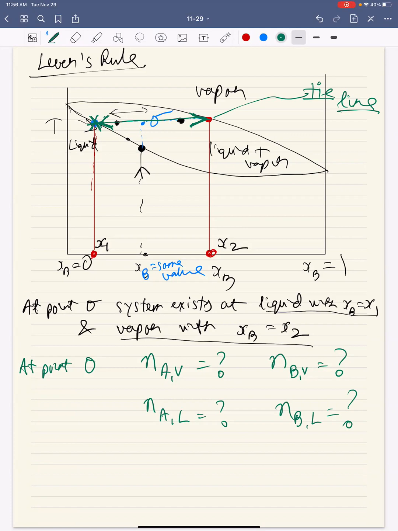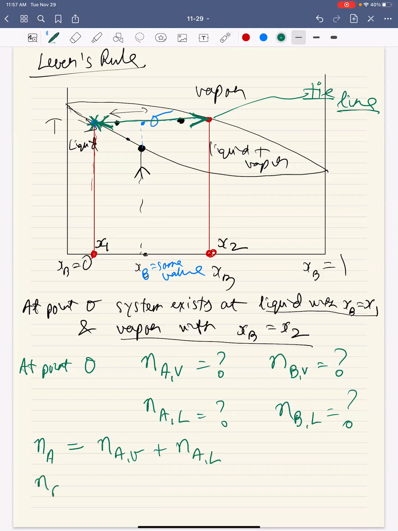So this is the problem we want to solve. More precisely, we are interested in NA, which is the number of moles of A in vapor plus number of moles of A in liquid.